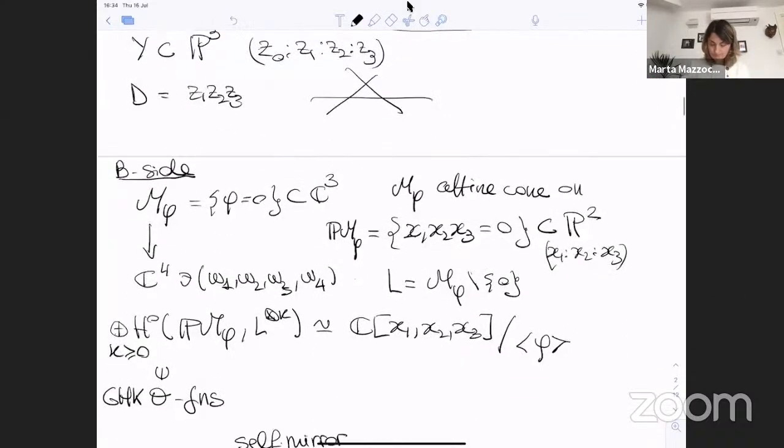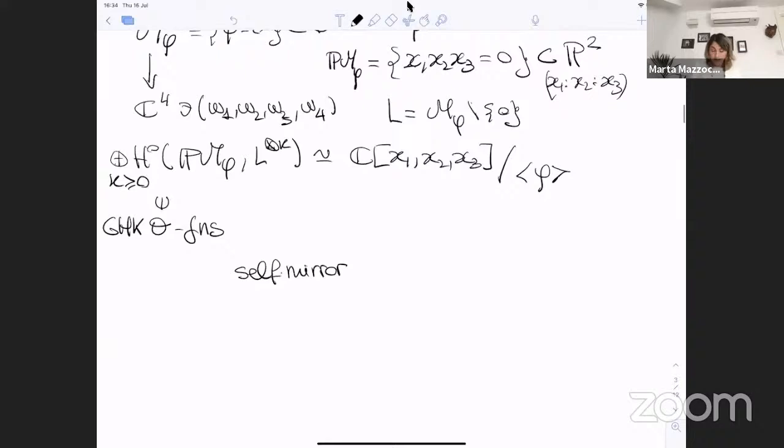Okay. As I said, this is a self-mirror, which maybe confuses Anton a little bit more, because self-mirror means that for every choice I make of y with fixed parameters, there is a family of curves, but then I change my y and then I get yet again the same family of curves. So in this sense, it's a family also on the left in this case.